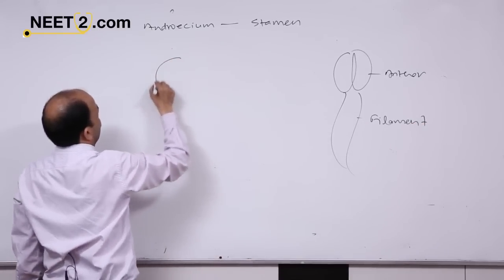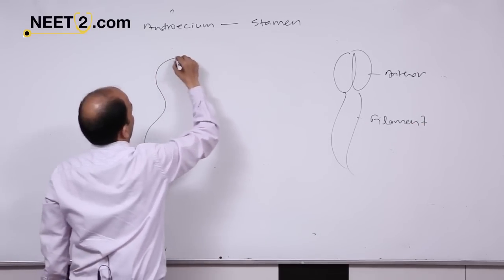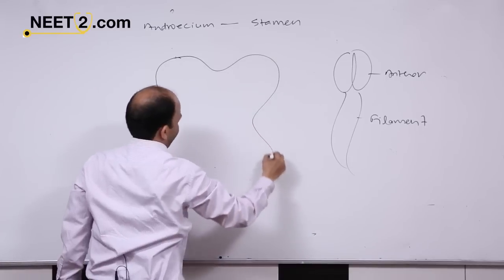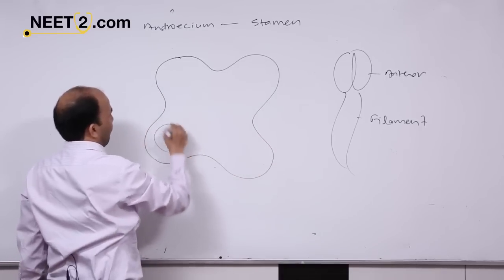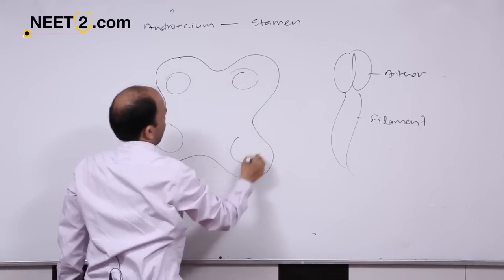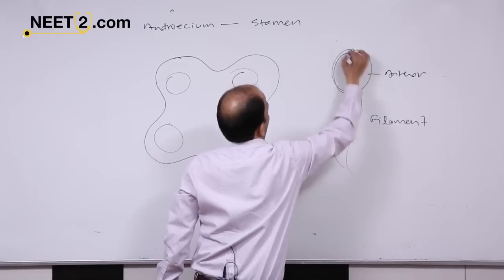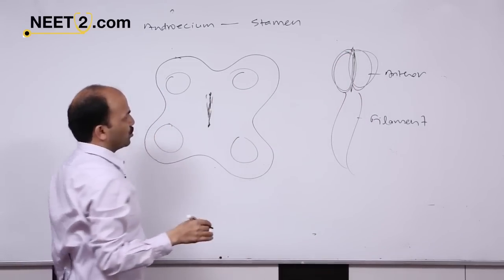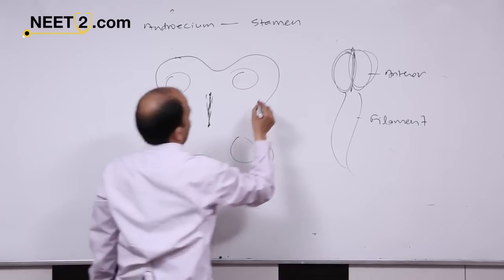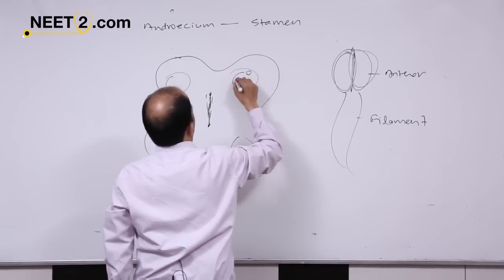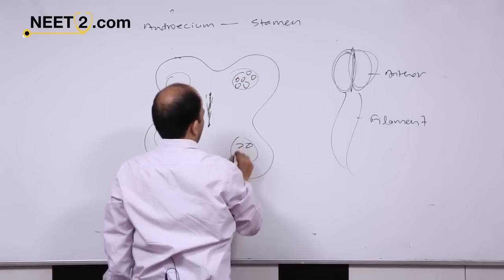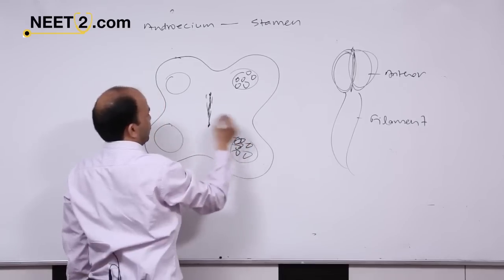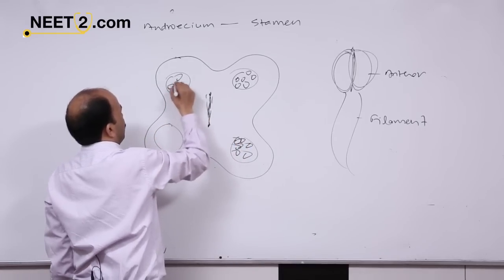If we cut its transverse section, you will find inside this anther there will be two anther lobes. This is one lobe, this is another lobe, and here is the connective tissue. In each anther lobe there are two microsporangia.